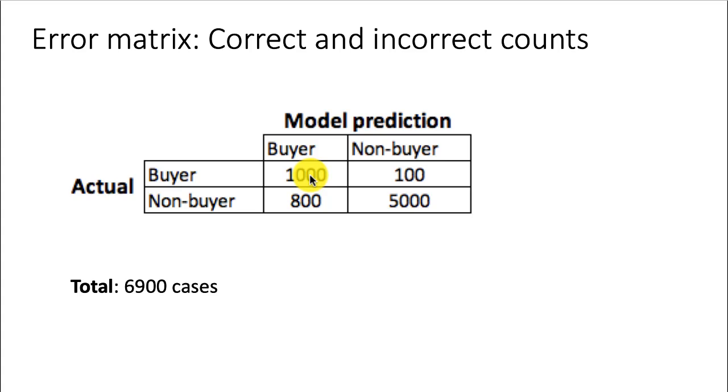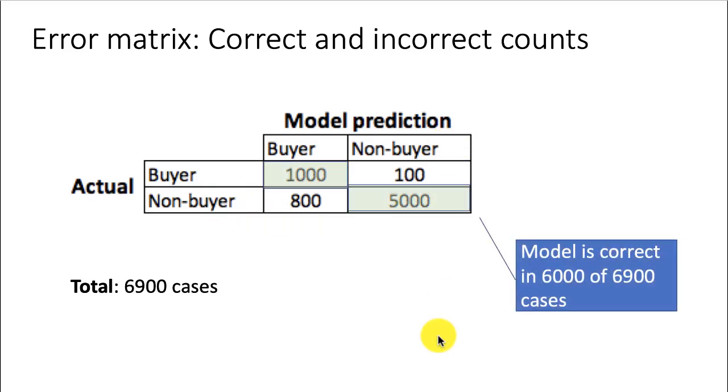And we know that in these cases, buyers were actually classified as buyers. And we know that these are cases where non-buyers were correctly classified as non-buyers. Okay, so these situations, the 5,000 and the 1,000, those counts represent the number of correct classifications performed by the model, right? So the model is correct in 6,000 of the 6,900 cases.